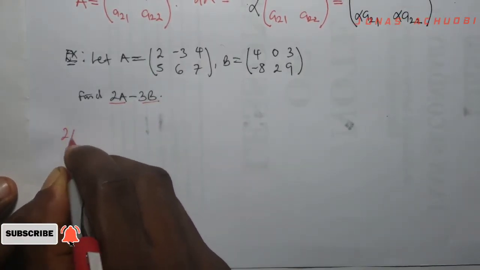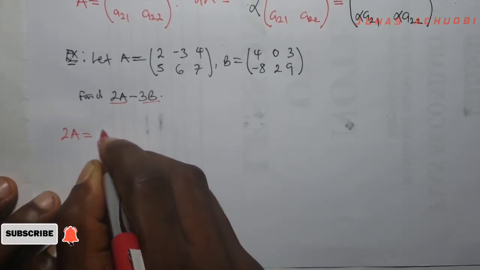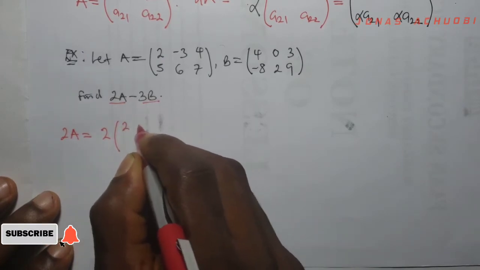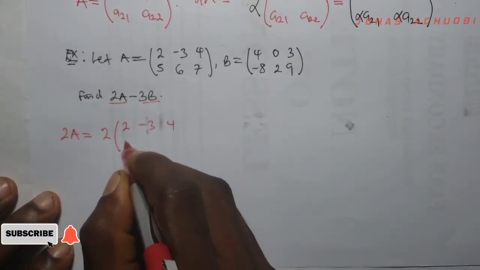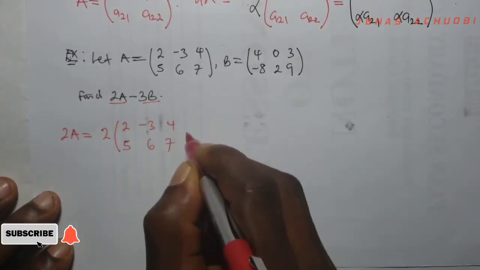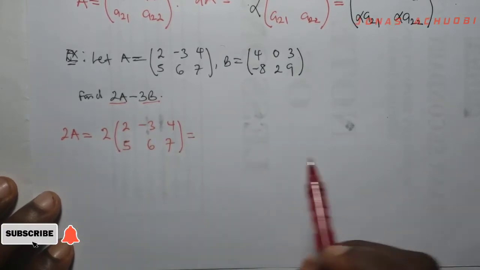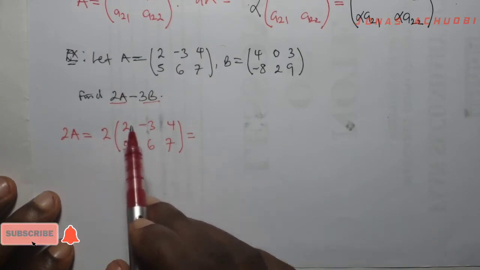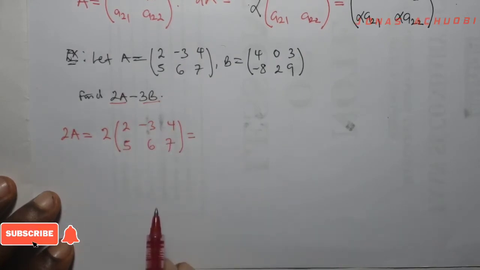So 2A simply means to multiply 2 by the matrix A, 2, negative 3, 4, 5, 6, and 7. Like we did before, to multiply a matrix by a scalar simply means to multiply each entry of the matrix by the scalar.